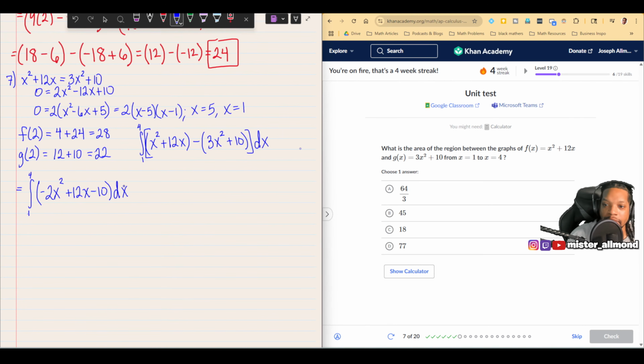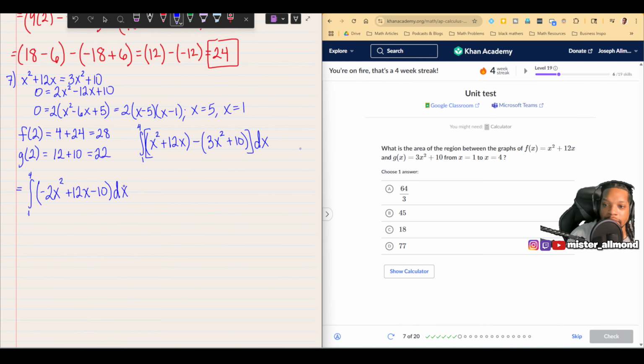But all right, let's see here. So this should be -2 over 3 x cubed plus 6x squared minus 10x, all to be evaluated from 1 to 4. All right, so that should be -2x squared plus 12x minus 10.